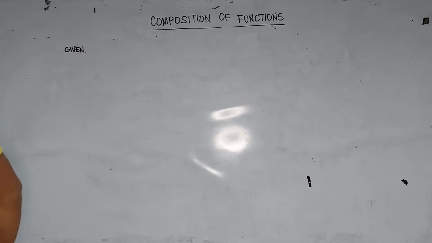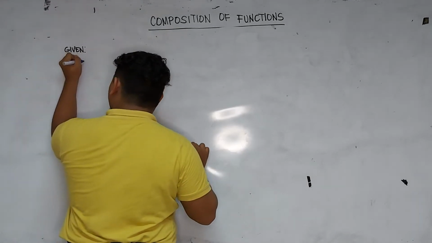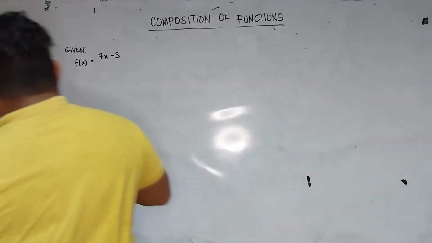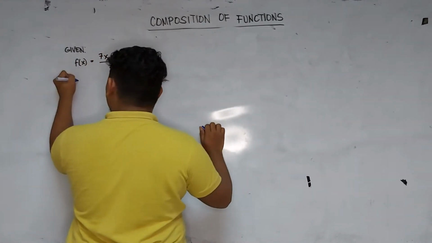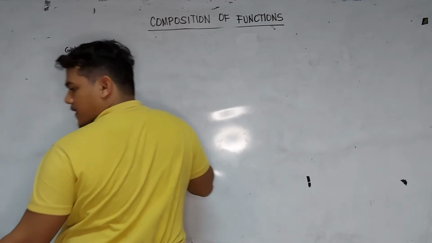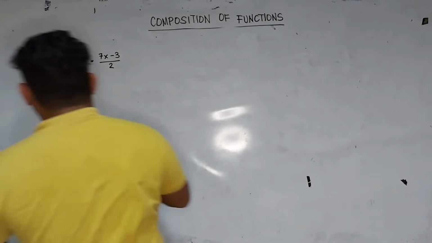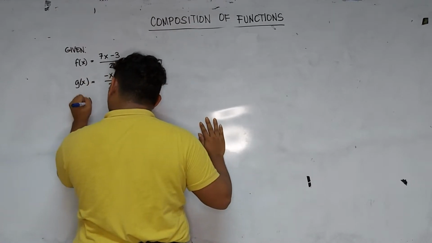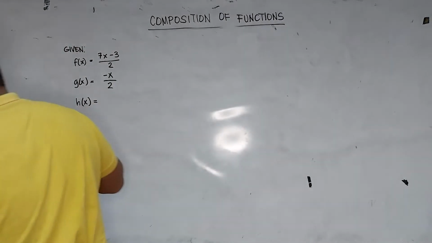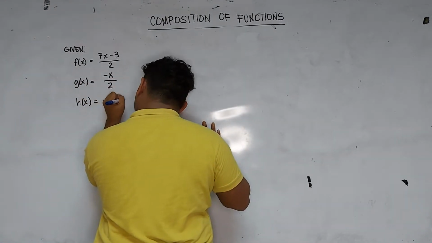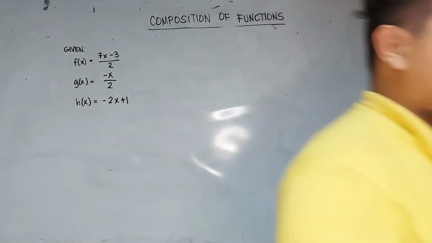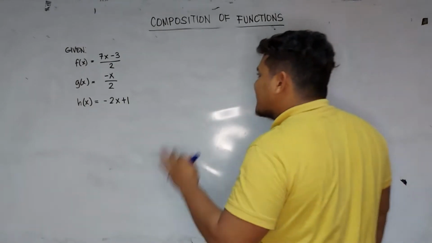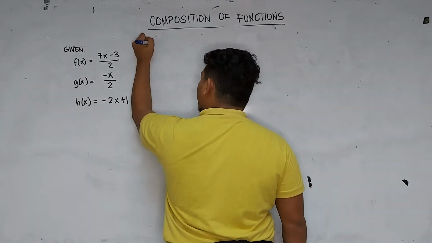We have f of x equals 7x minus 3 over 2, g of x equals negative x over 2, and h of x equals negative 2x plus 1. So how do we get a composition that has 3 different functions? Example number 3.